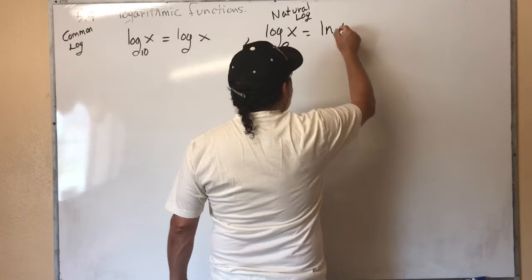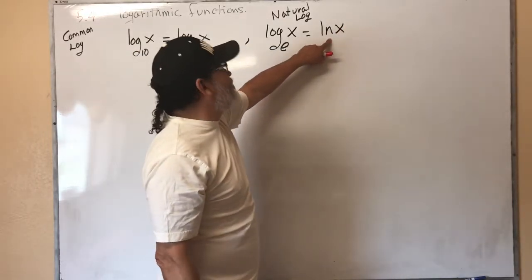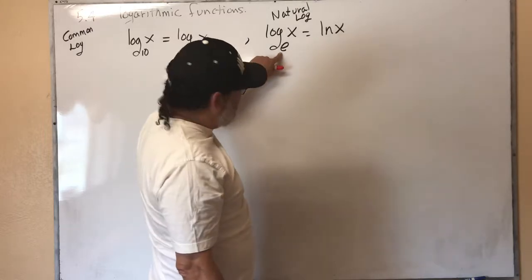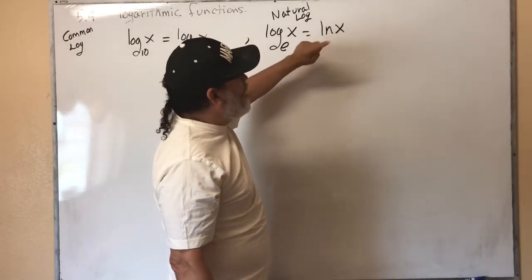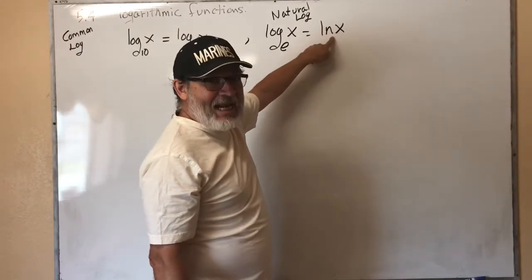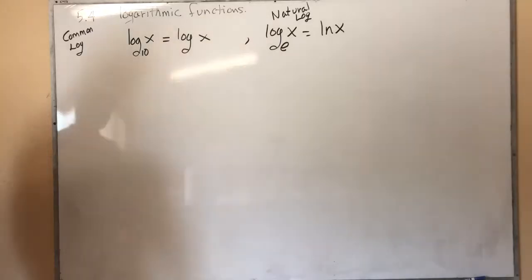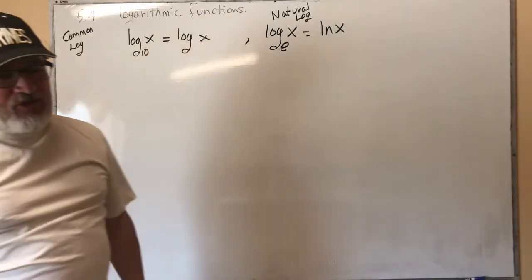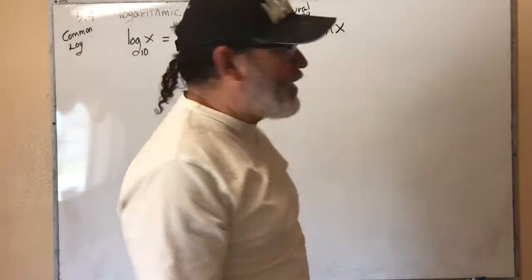Ln x. Note, you do not see the base here, but it is the log base e. They call it log naturel, natural log. Okay, so those are two logs that are going to be coming up over and over again.